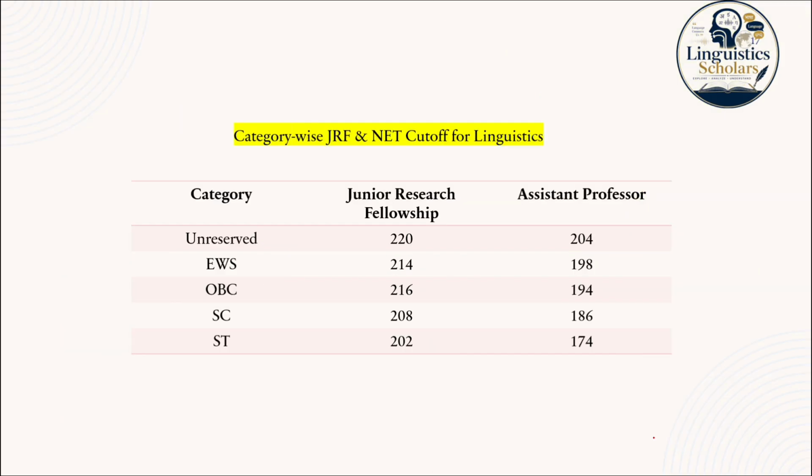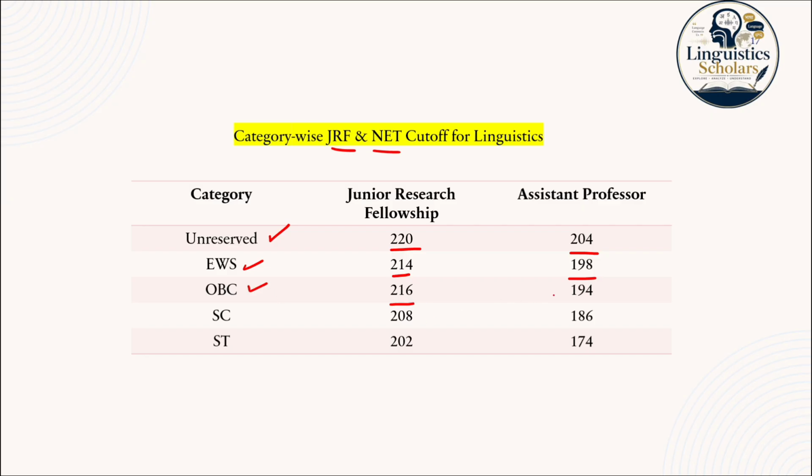On this basis, if we categorize marks for JRF and NET category-wise, for the unreserved, for JRF it's going to be around 220, and for assistant professor it's going to be around 204. For EWS, for JRF 214, and for assistant professor 198.